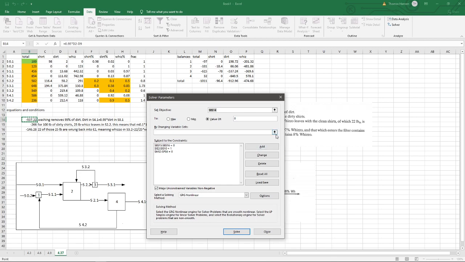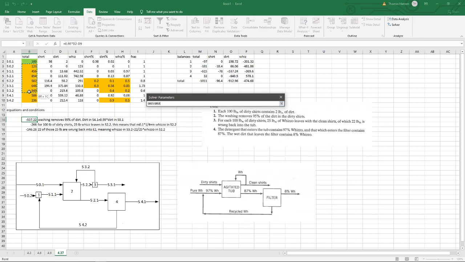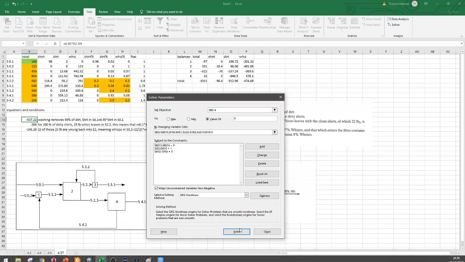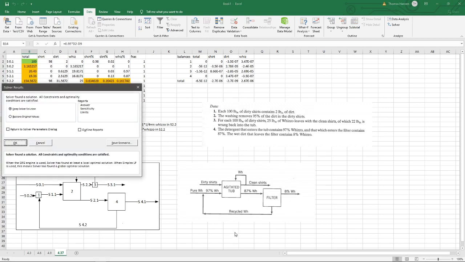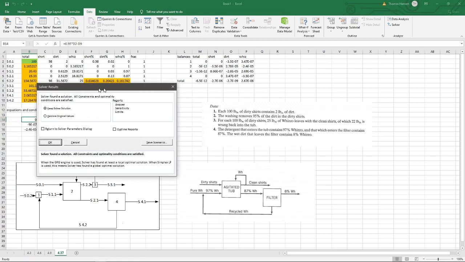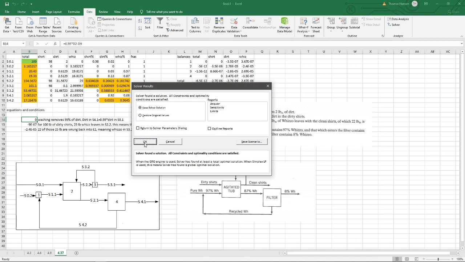Which cells can I change? I pick all of my variables. There we go. And now we'll see what I forgot since it can't solve. Here we go. Holy shit. It took a bit longer, but it actually worked.